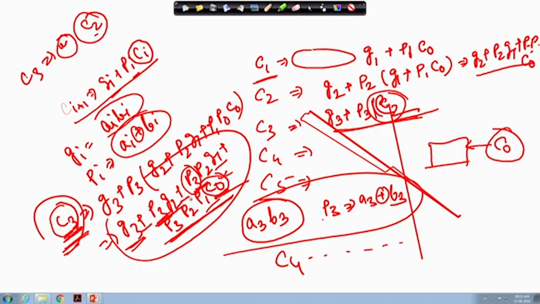Here I need 1, 2, 3, 4 OR operations, then 3 AND operations for this particular thing. That means, if I increase this for C8, okay.